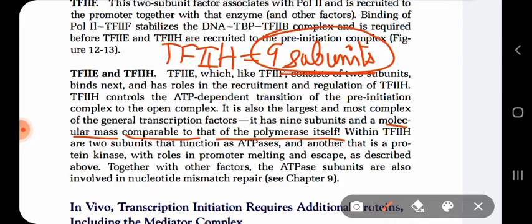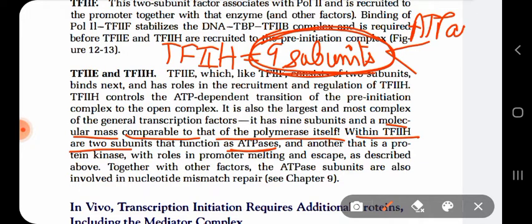Out of the 9 subunits, there are 2 subunits which have ATPase activity, that means helicase activity, and another subunit of TF2H has a kinase activity. That means it will phosphorylate the tail of the RNA polymerase.